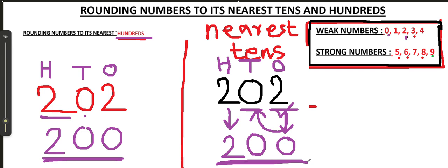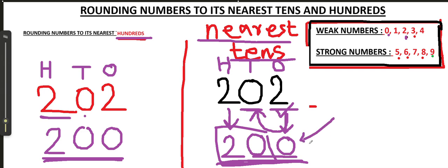So do not confuse yourself while you are doing the sum, and do not think that you are going wrong just because you are having two zeros at the end and they have asked you to round off that number to its nearest tens. No, there are exceptional cases when you can have two zeros at the end. So 200 would be the number and the tens would be for that zero.